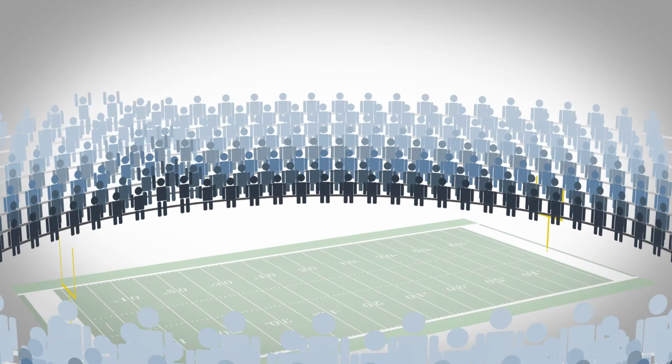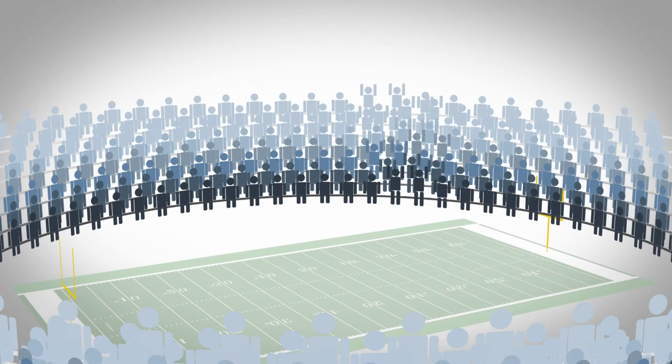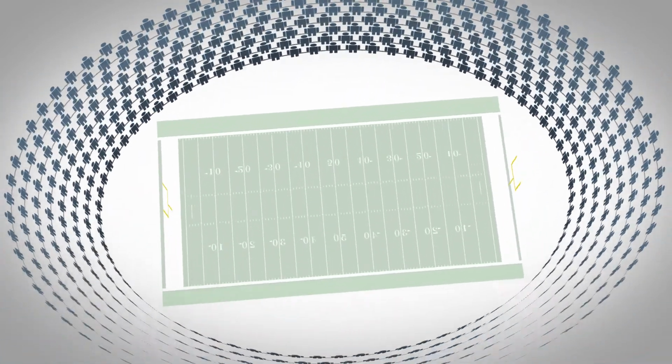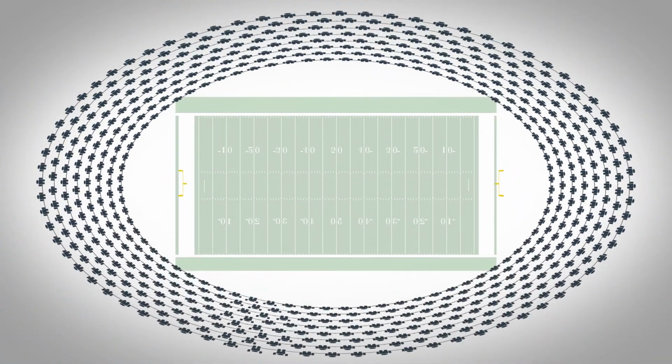And what happens from the outside, looking at this whole thing, you see this big wave propagating around the inside of the stadium. And if you have an oval stadium and a good crowd, it can go around 2 or 3 times. It can be fairly fun. It's actually very impressive that these things happen.